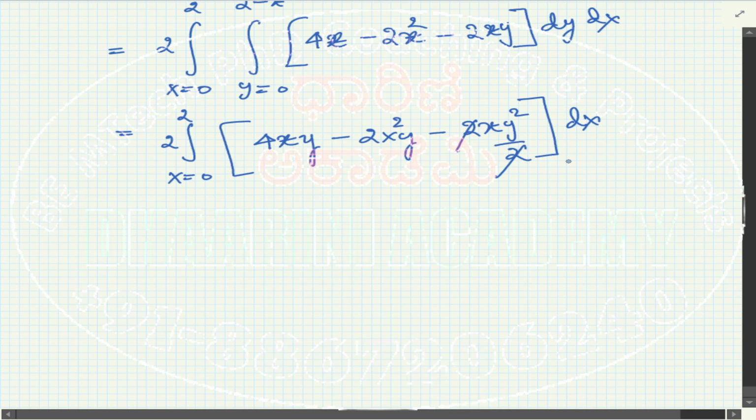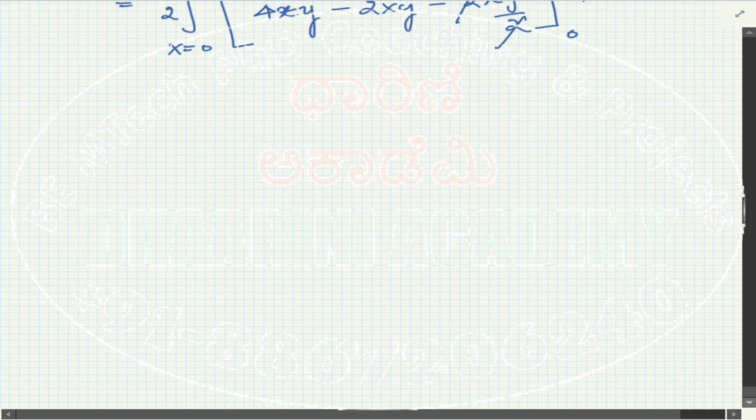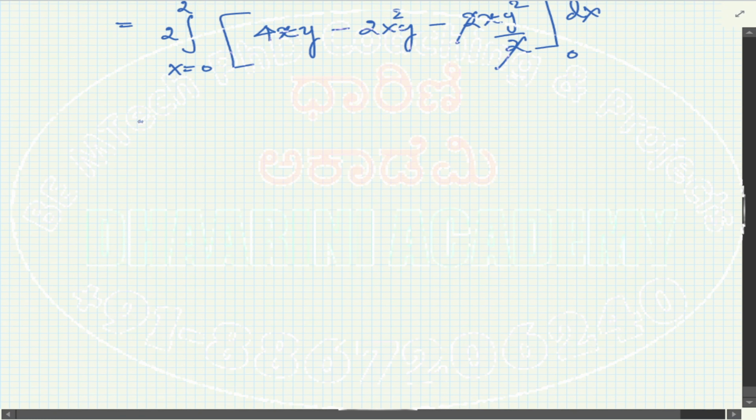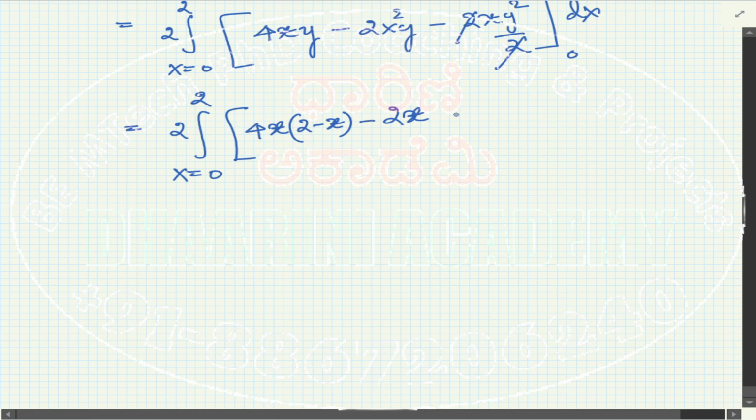So we should substitute the values from 0 to 2 minus x for every y. Each and every y will get this substitution. So this is 2 times integral x is equal to 0 to 2, right? This is 4x, this is 2 minus x, right? And when it is 0, this term is 0, so minus 2 times x square into y is a 2 minus x, minus x times, this is 2 minus x the whole square into dx.